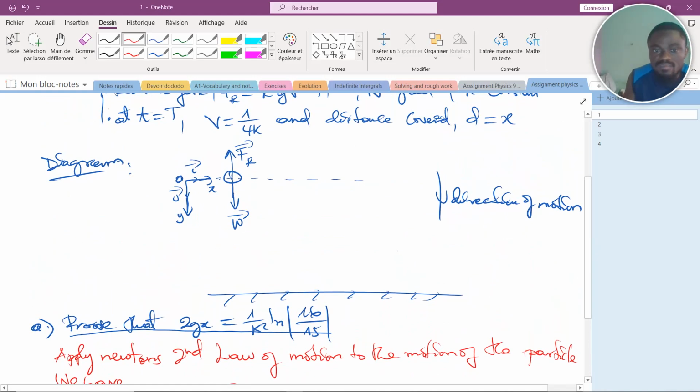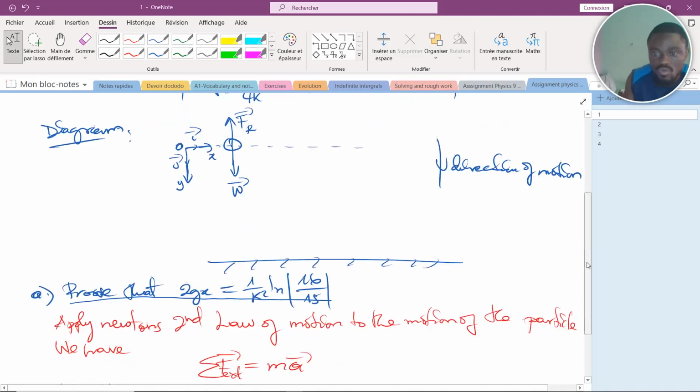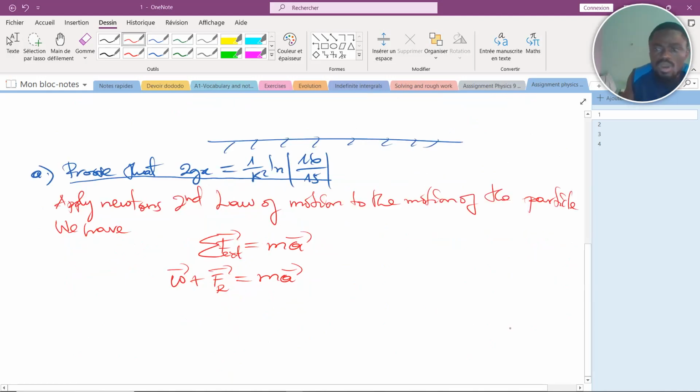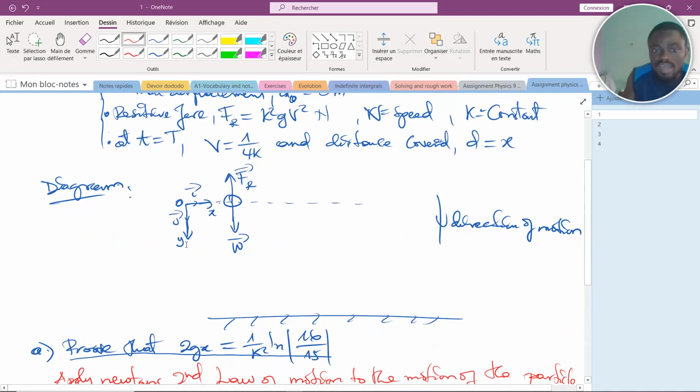The only external forces are the weight and the resistive force. So we have the weight plus the resistive force Fr must be equal to Ma. Now we have to bring out the components of each of the forces. We are in an XY system.